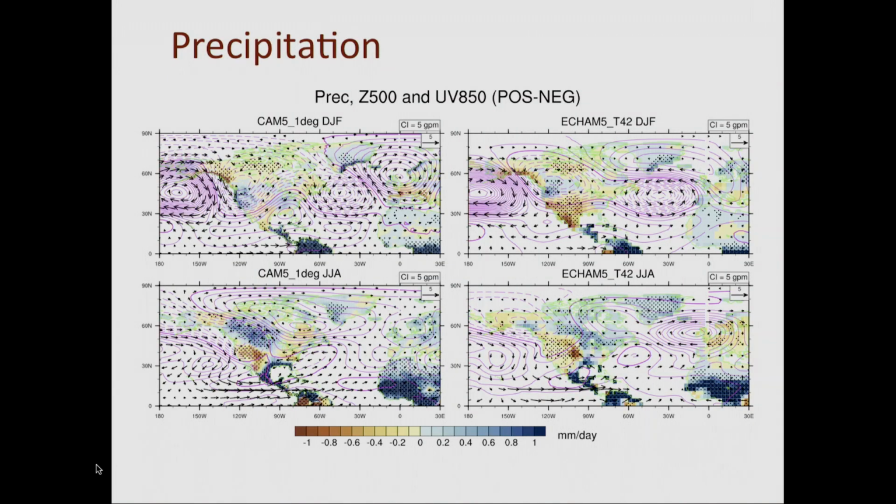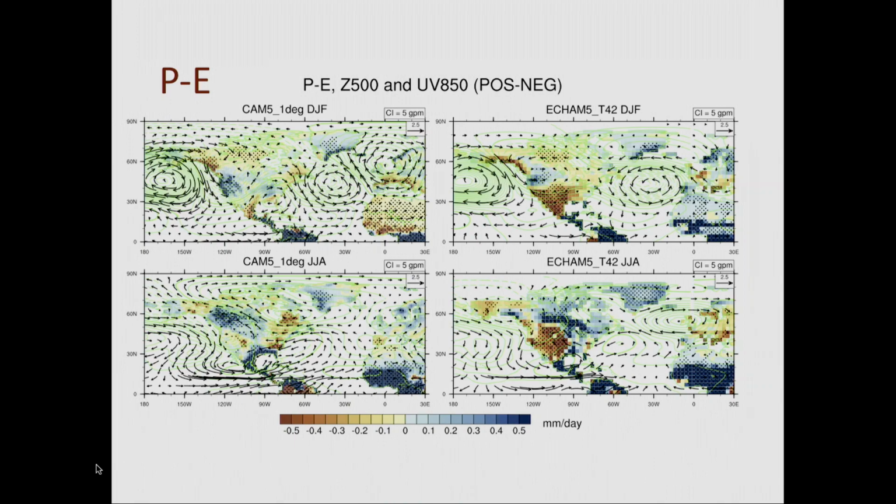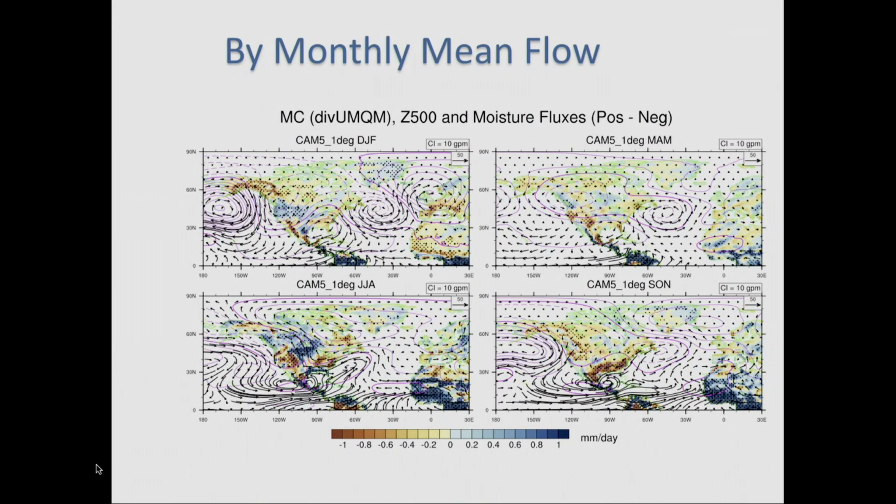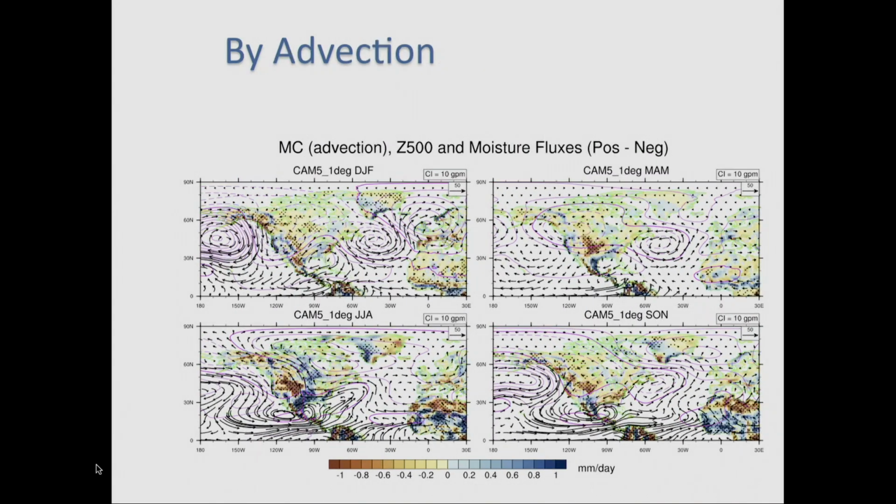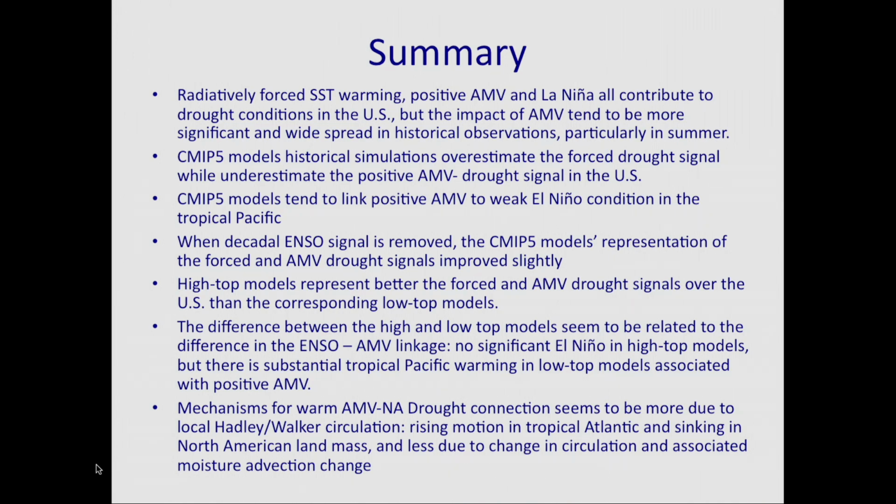Okay, so I'm going to skip the GCM, which is, again, very consistent with the analysis results, and go to the summary here. Radiatively forced SST warming, positive AMV, and La Nina all contribute to the drought condition in the US, but the impact of AMV tends to be more significant and widespread, at least based on the observation.